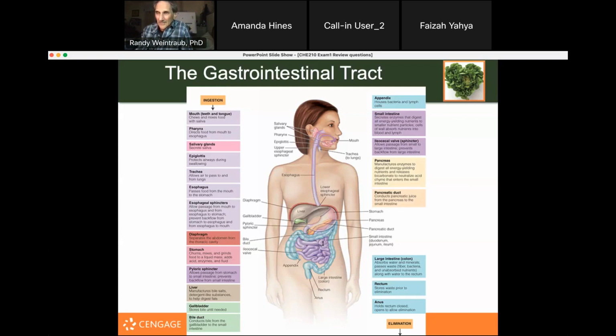And of course, the place where a lot of things happen, the upper part of the small intestine, the duodenum, is what that region is called, where a lot of enzymes are delivered and a lot of digestion takes place.